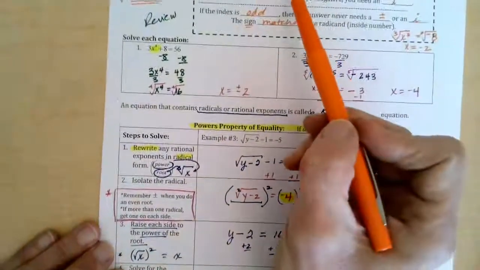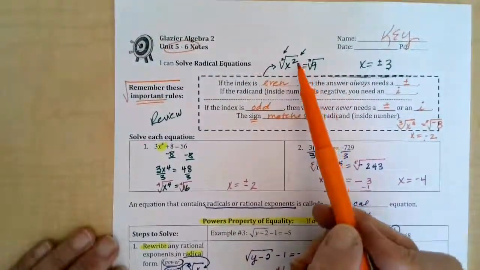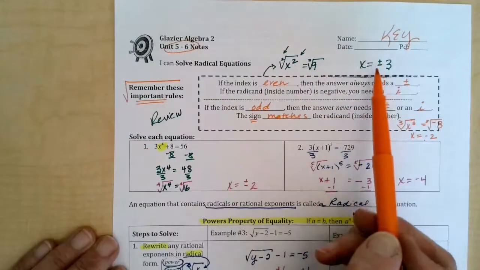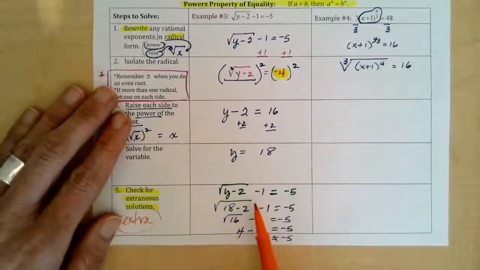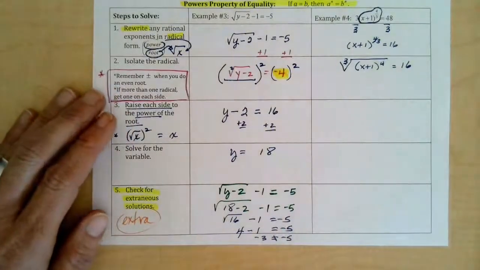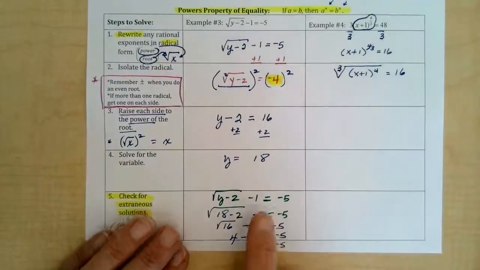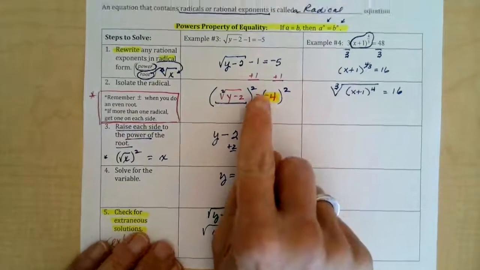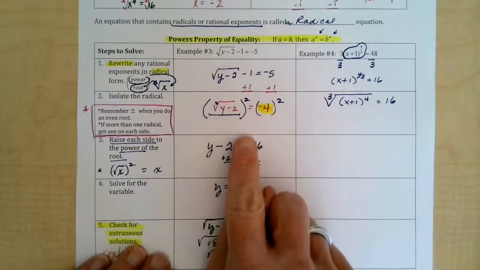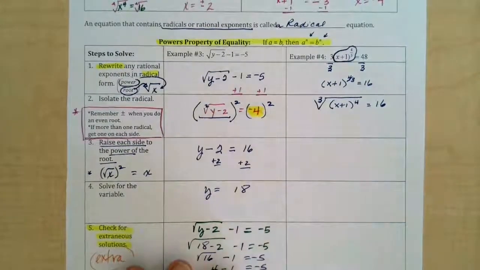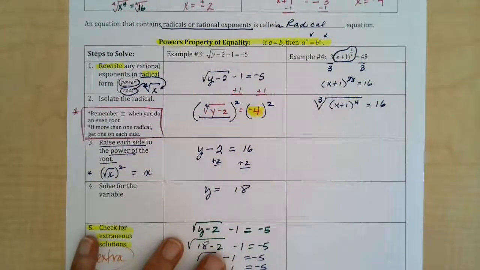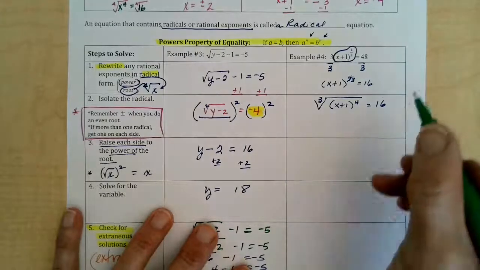Just the same as when I take the square root of an exponent, I might have a hidden solution. When I square a radical, I get an extra solution. So that's only really going to happen for the most part any time that I have an even power.